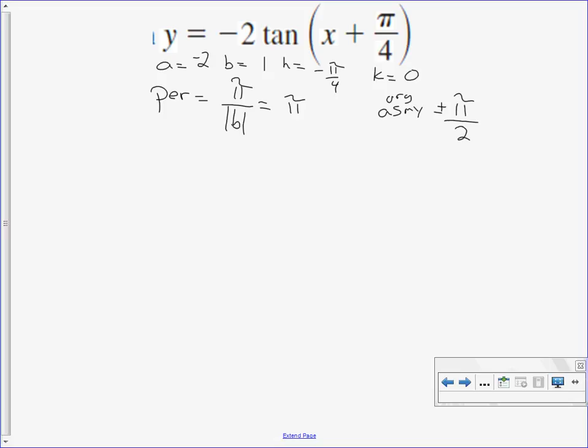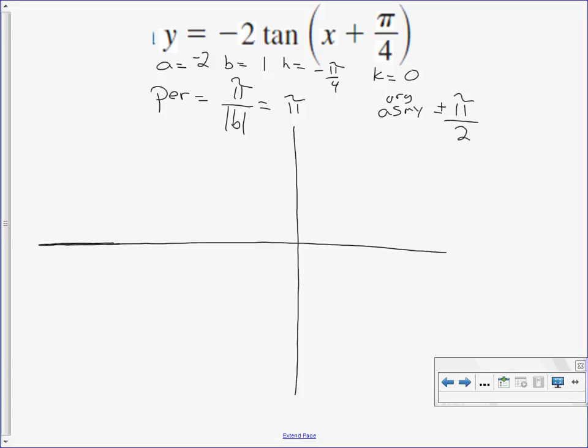Does that make sense? So I start with that. Once again, I'm using a little foreshadowing, knowing that I'm going to have to shift it to the left. I might make the left side a little bit longer, just so I have a little more room.